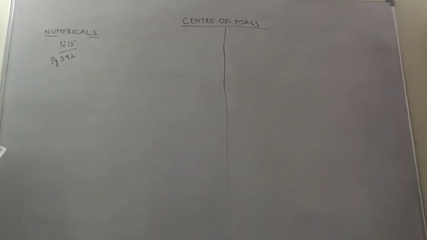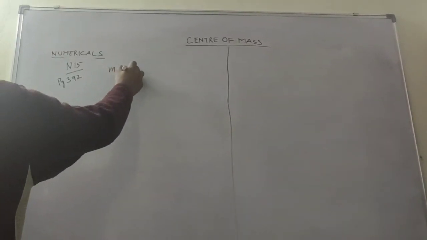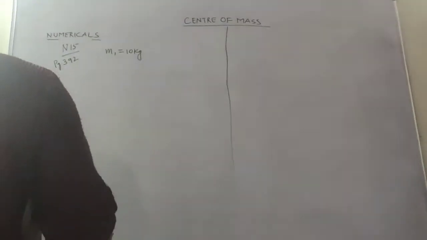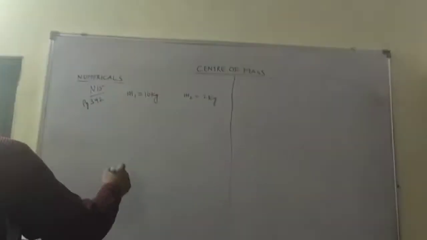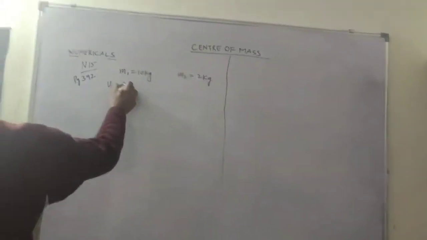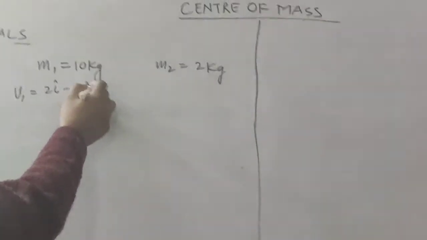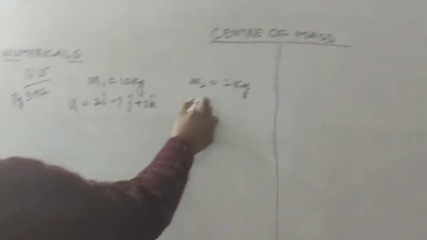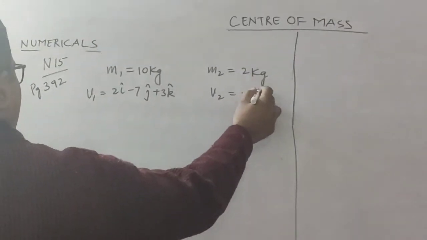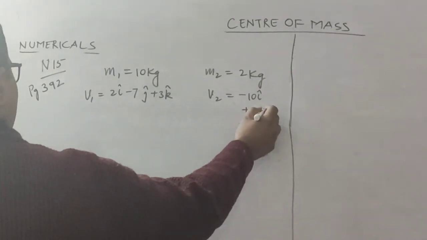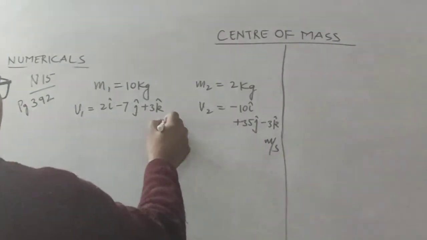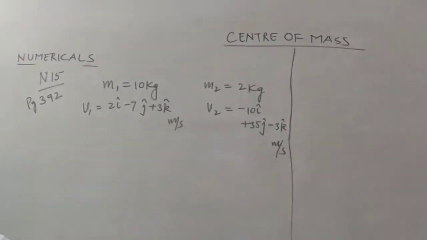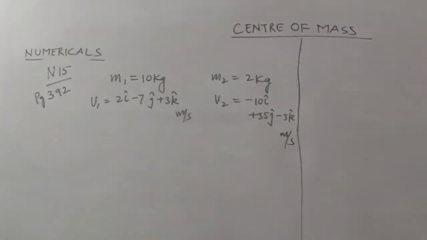Two bodies of mass 10 kilogram and 2 kilogram are moving with velocities V1 = 2 i cap minus 7 j cap plus 3 k cap, and V2 = minus 10 i cap plus 35 j cap minus 3 k cap, meter per second respectively. Find the velocity of center of mass of the system.